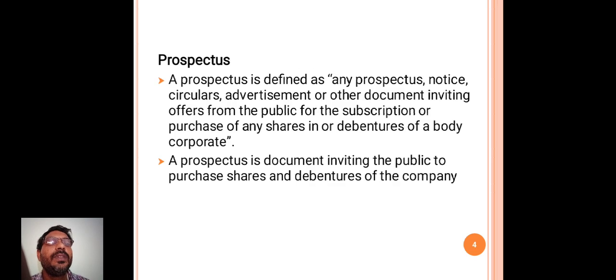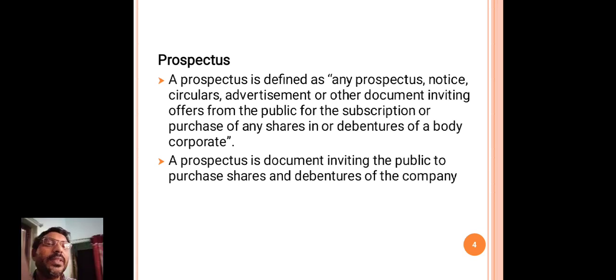Okay, the first one is prospectus. Definition of the prospectus.